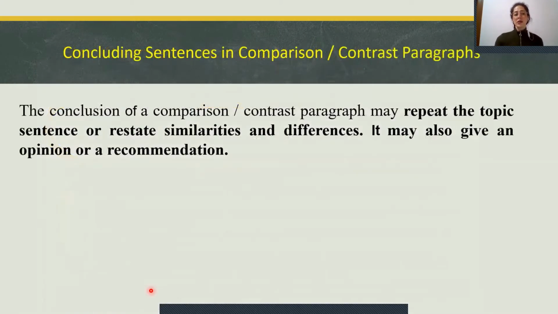Okay, we are continuing. Let's see the concluding sentence. I said I won't repeat it again, but I will just remind you, not in detail. The conclusion of a comparison contrast paragraph may repeat the topic sentence or restate similarities and differences. It may also give an opinion or recommendation.